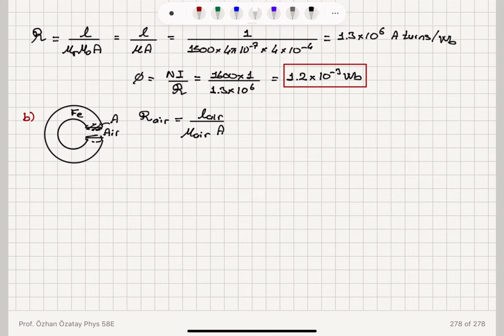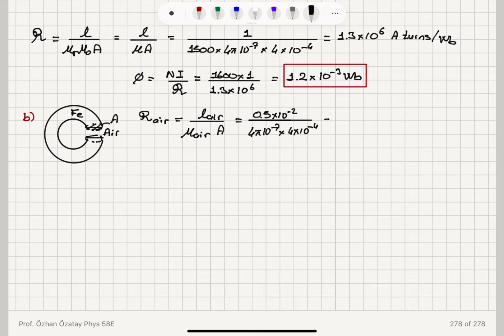The gap was 0.5 centimeters, so it's 0.5 times 10 to the minus 2 meters divided by the permeability in free space, which is approximately the permeability in air, 4 pi times 10 to the minus 7. The cross-sectional area did not change, 4 times 10 to the minus 4 meters squared.